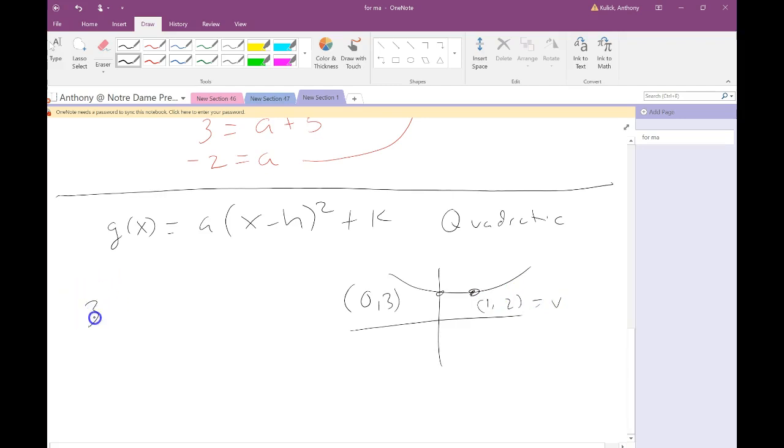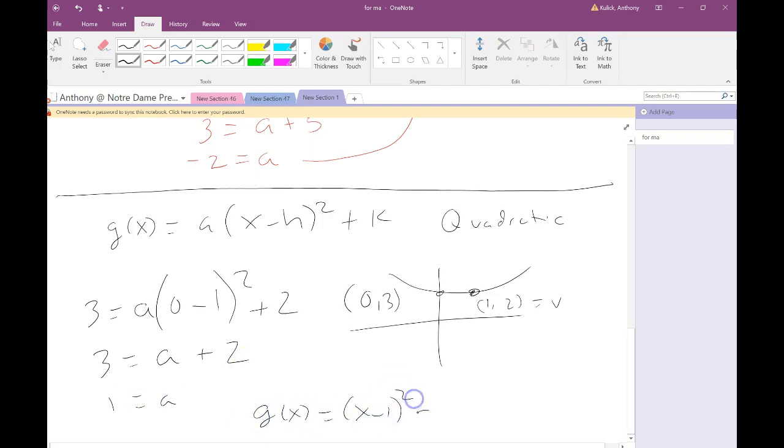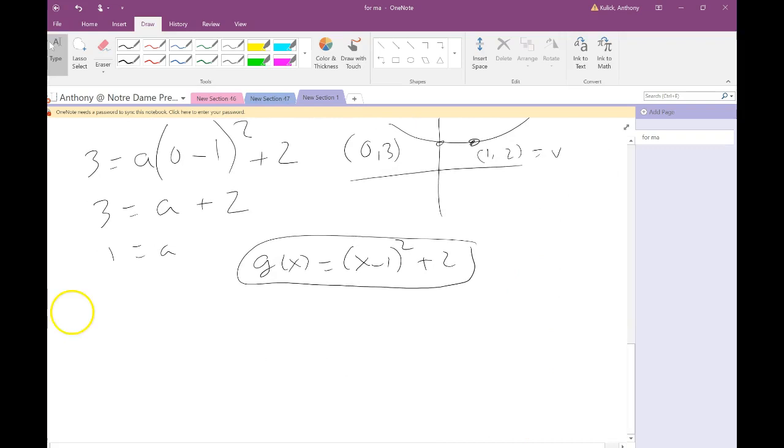So I'll just plug in 0 and 3 for my X and Y, plug in 1 and 2 for my H and K, and -1 squared is just 1, so I just dropped it. I get A is 1. So I'd say g of x then is x minus 1 squared plus 2. Okay with that? Okay.